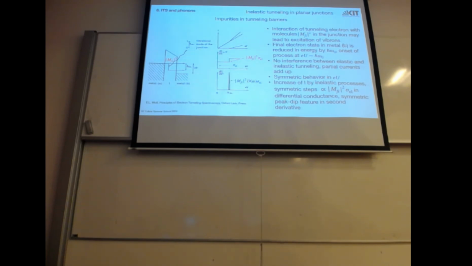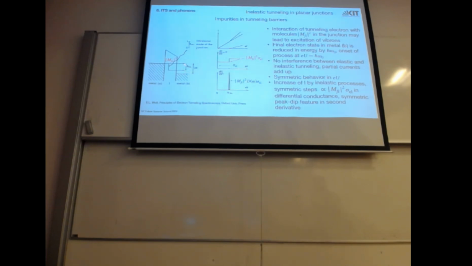Now, interesting is how will that show up in your experiment. Now, first of all, the final states of the electrons here are different in energy. It means if you compute this in quantum mechanics, they don't interfere. So you can treat that as two independent channels of transport. An elastic channel and this inelastic channel. But for the inelastic channel to happen, the final state here for this electron must be unoccupied.